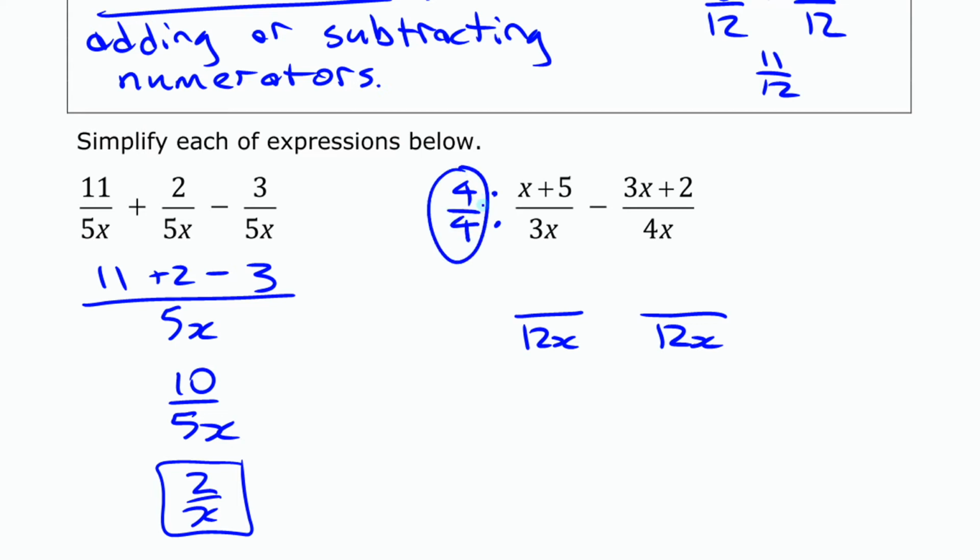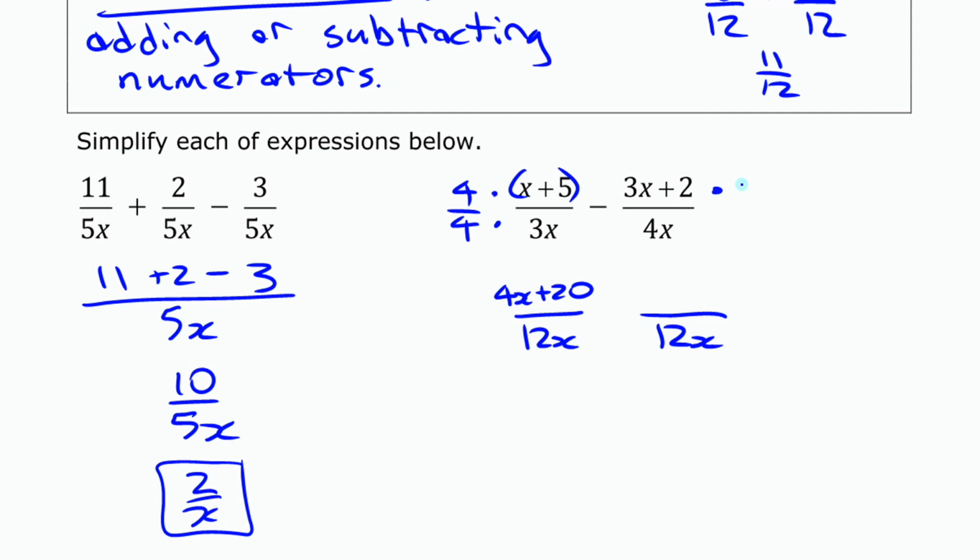Multiplying by 4 over 4 is like multiplying by 1. If you multiply something by 1, you're not changing it. On the top, we're going to have 4x plus 20. Realize you have to think that there's brackets around that, because you're multiplying the entire expression by 4. So not 4x plus 5, 4x plus 20.